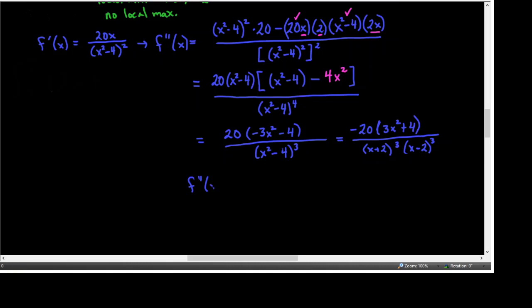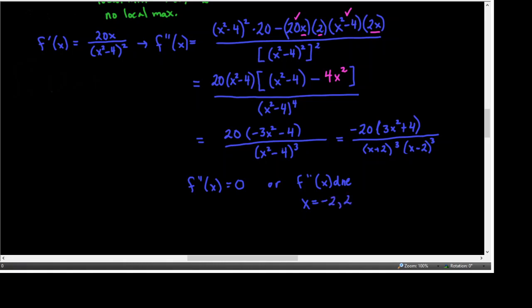Where is the second derivative equal to 0? Or when does the second derivative fail to exist? And again, the denominator will turn into 0 when x is negative 2 and when x is positive 2.